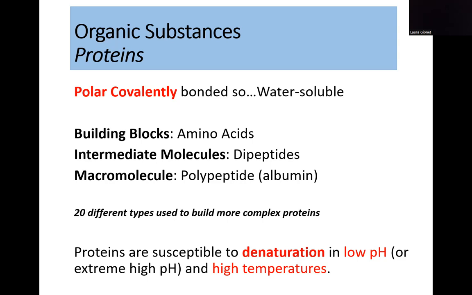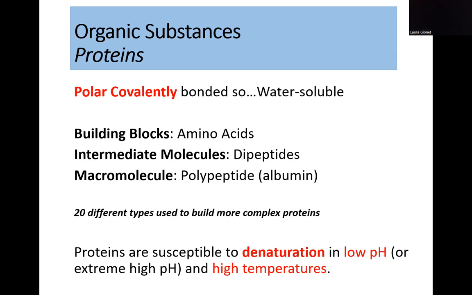Now, proteins are susceptible to very low pHs. High pHs also, extreme high pHs, but low pH is more common to happen in areas of the body than high pH. But we could just say safely, extreme pHs, especially low pH, and high temperatures, risk breaking down these proteins.